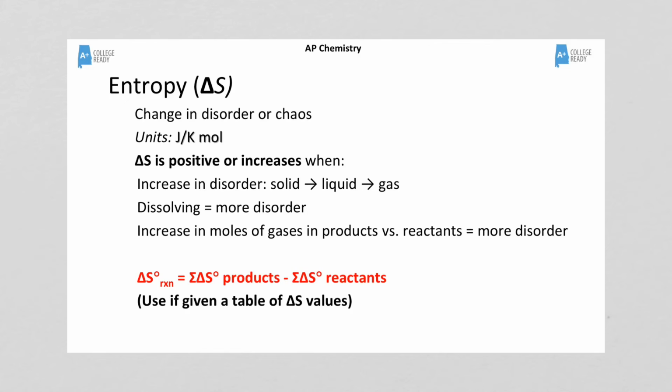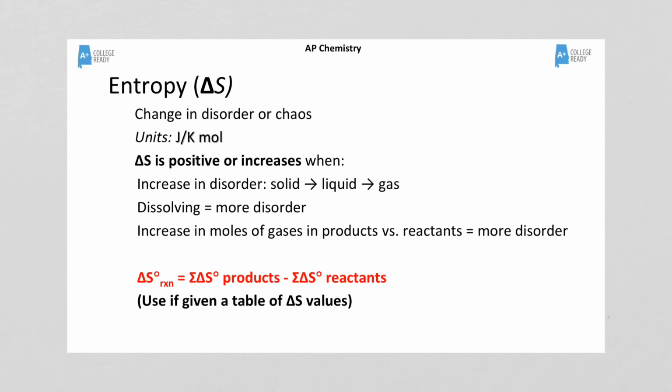In reactions, if you're looking for an entropy increase, look for gases, because gases have the most entropy. Whichever side of the reaction has more moles of gases has more disorder and more entropy. If that's the product side, we have an increase in entropy. But if the reactants had more moles of gases, then entropy would actually be decreasing.